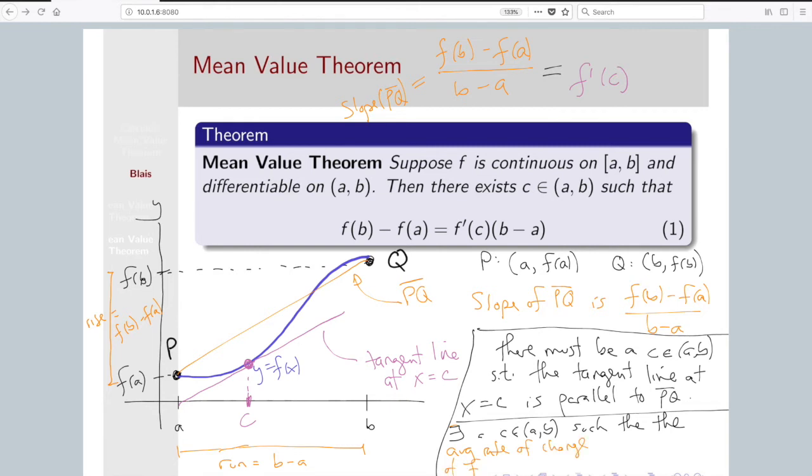of F on AB, I'm writing this in orange because that is exactly this expression in orange. The average rate of change of F on AB is exactly the slope of this line PQ.